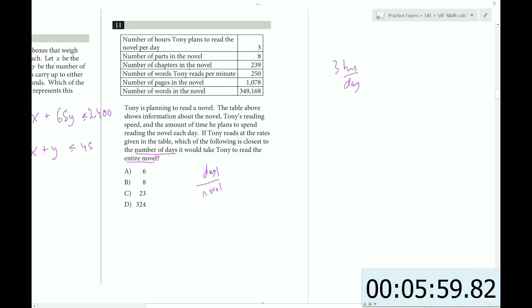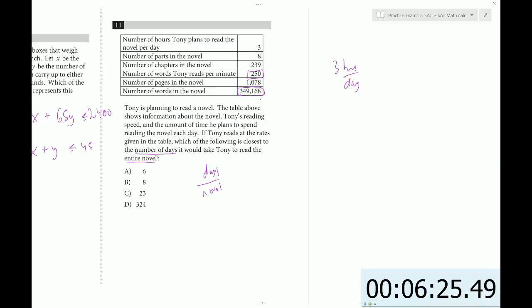And then, let's see, 8 parts and that many chapters, that many words per minute, that many pages in the novel, that many words in the novel. So if we use maybe words per minute along with words in the novel, that would tell us how many novels per minute.